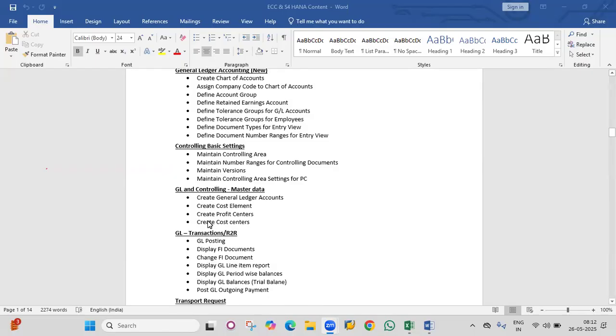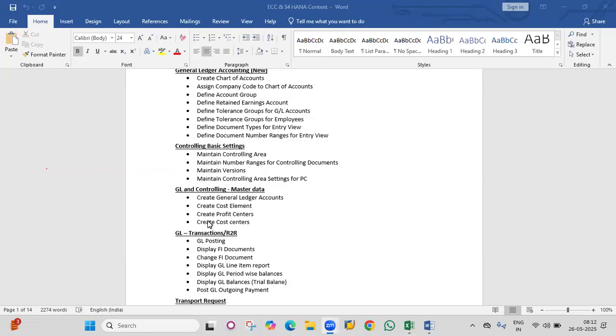Controlling is a module, and we are including it in normal SAP finance itself. Both are integrated modules; without controlling, we cannot use finance alone. Both are required for business operations, so we are including controlling in the beginning itself.